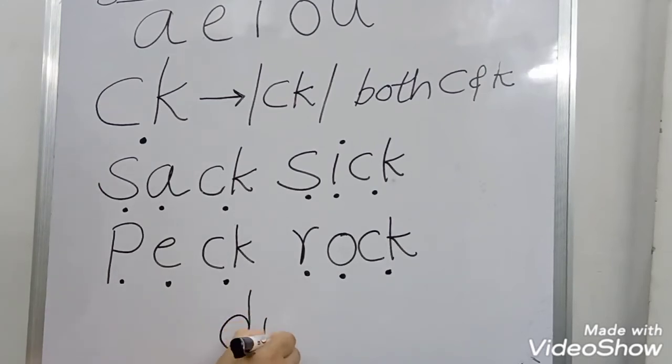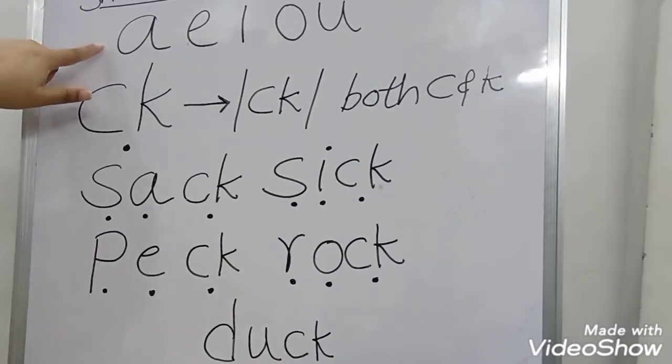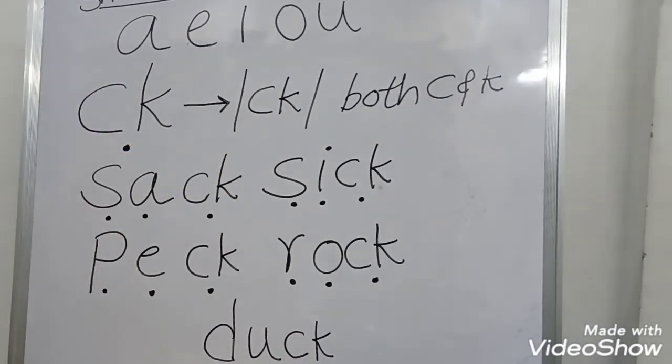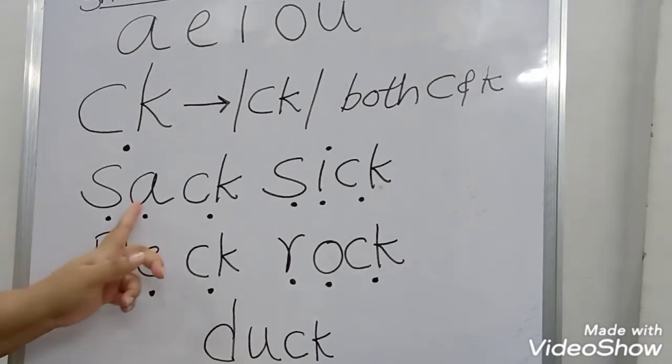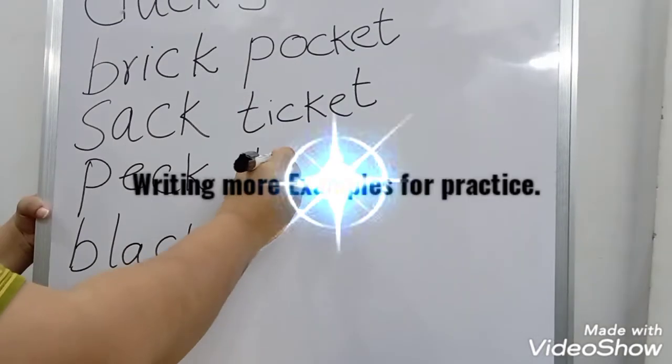D, U, K, duck. After a vowel sound, if you hear K, you have to write both C and K. If after a vowel it is followed by a K sound, you have to write both C and K.